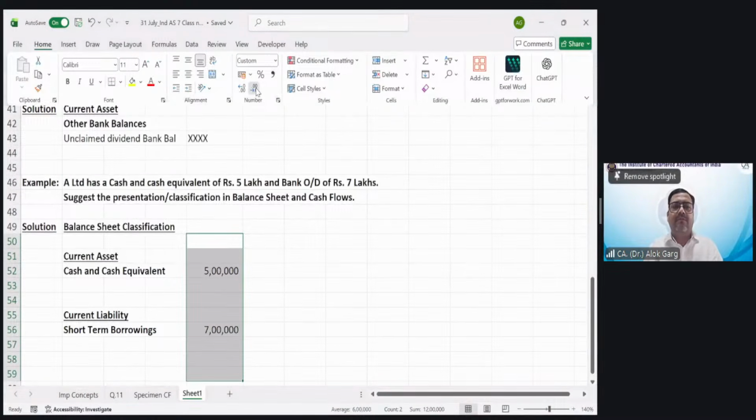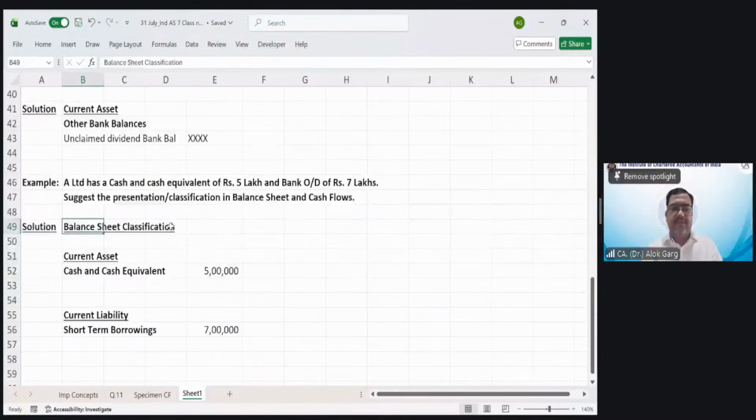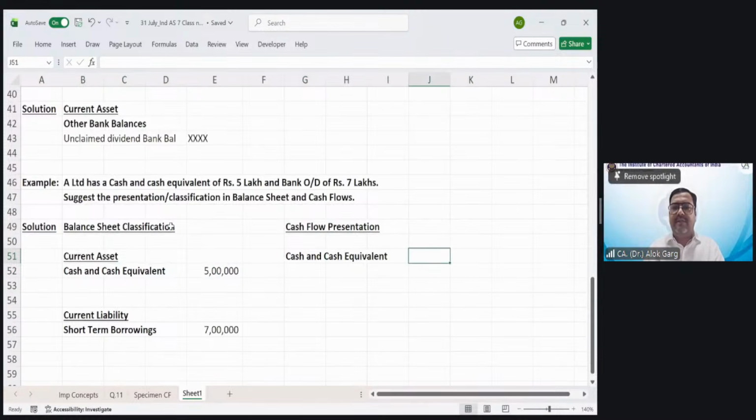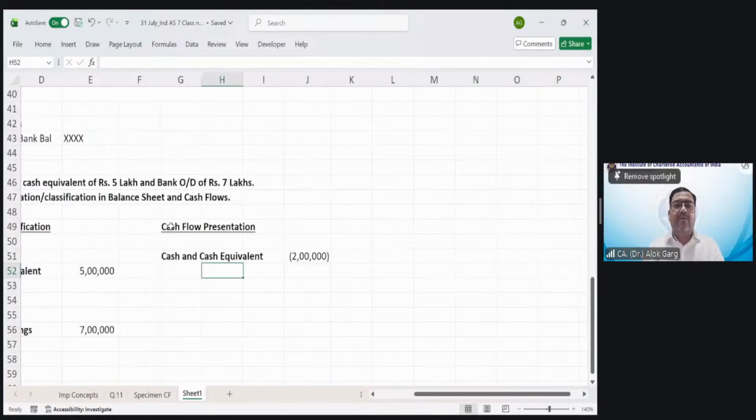Now, cash flow presentation. Cash and cash equivalent, right? What is my cash and cash equivalent? 5 minus 7. Negative 2 lakh rupee. Okay. Now, notes to the cash flow statement.